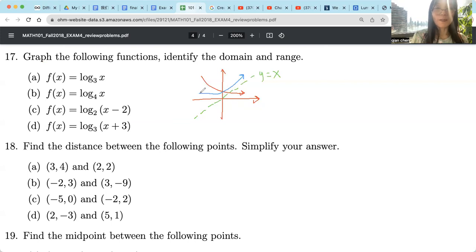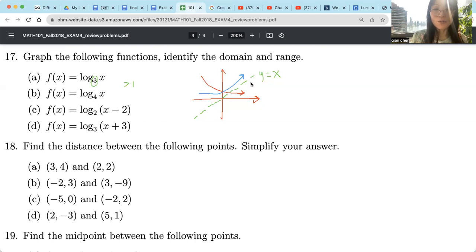If the base, here 3, is a base in log and also base in exponential, right? If the base is greater than 1, we know it's exponential growth. So then, let me use this color.